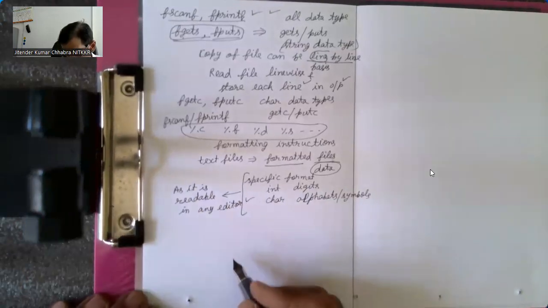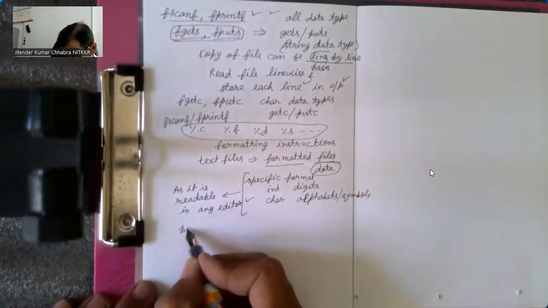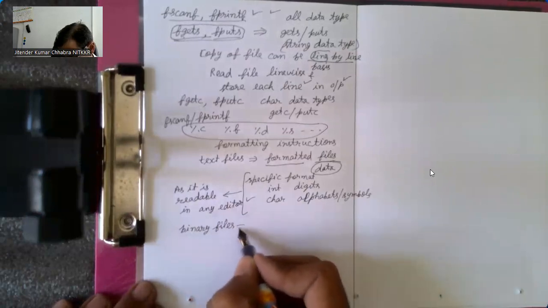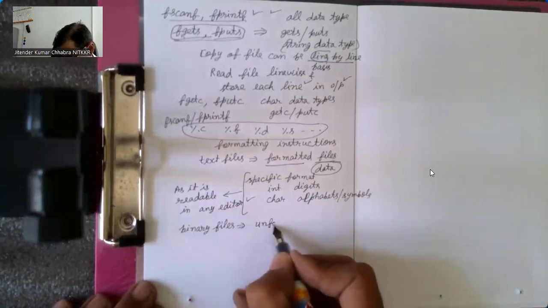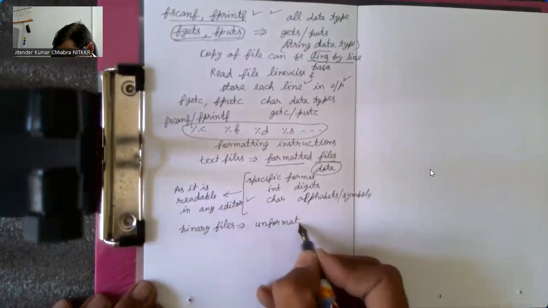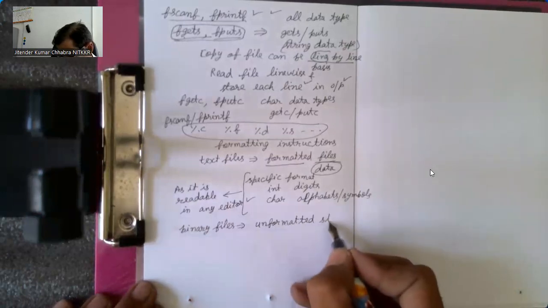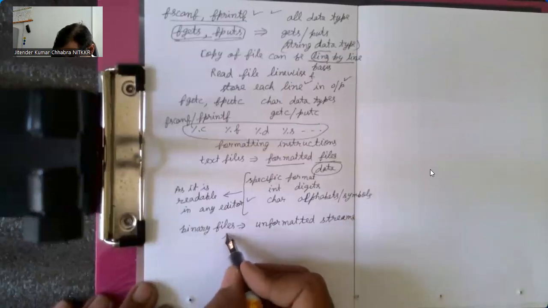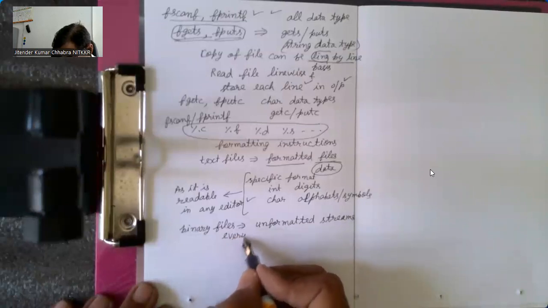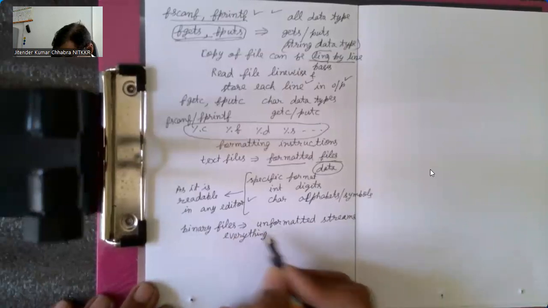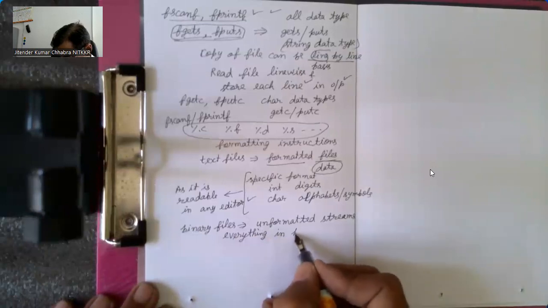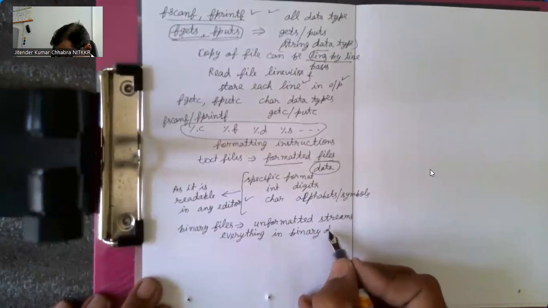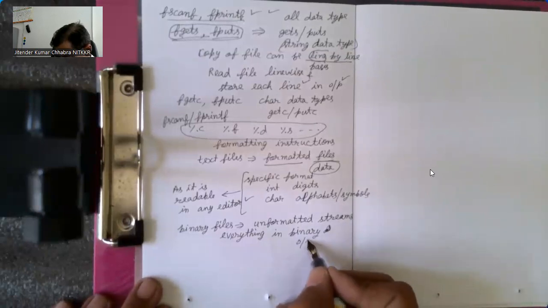But there are other kinds of files which are called binary files. They are called unformatted files, or unformatted streams. Meaning what? They store everything in binary, no format, no digits, no alphabets. Everything is in binary digits, meaning zeros or ones.